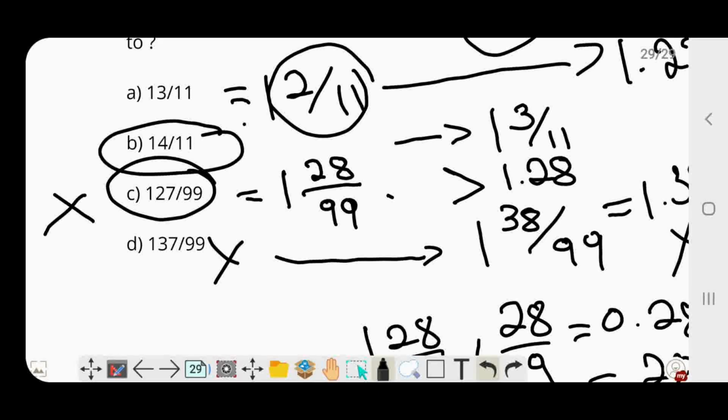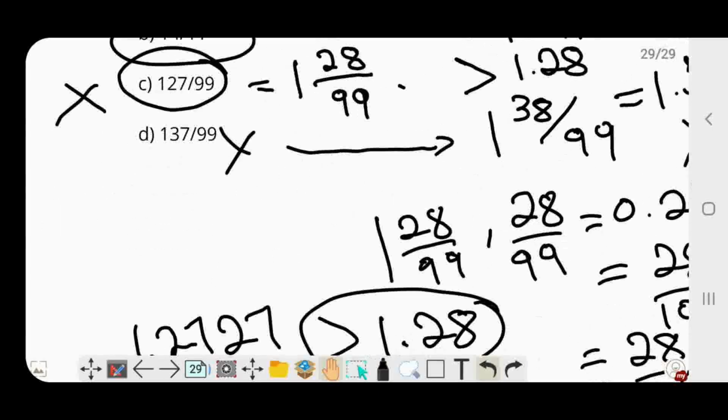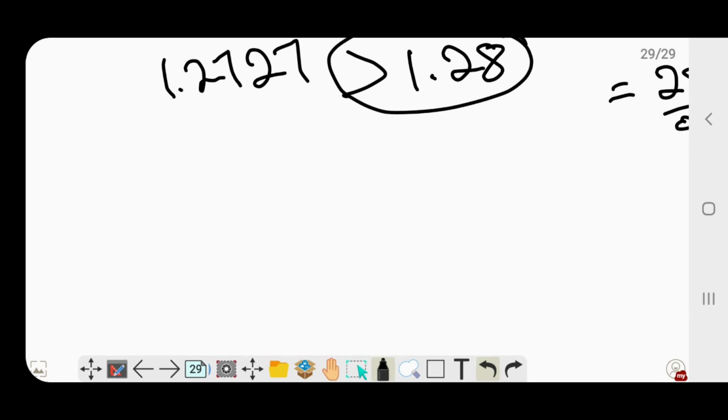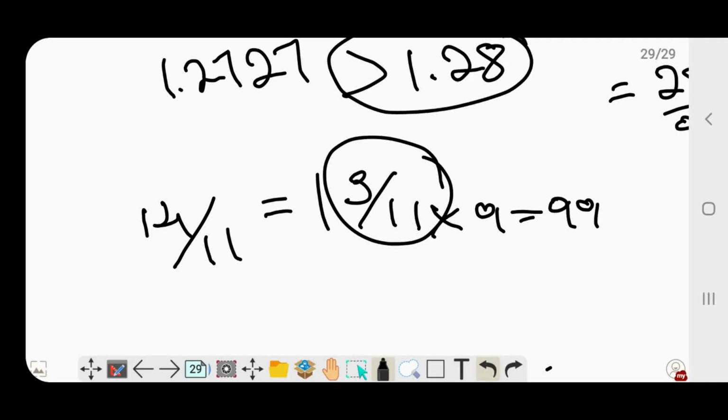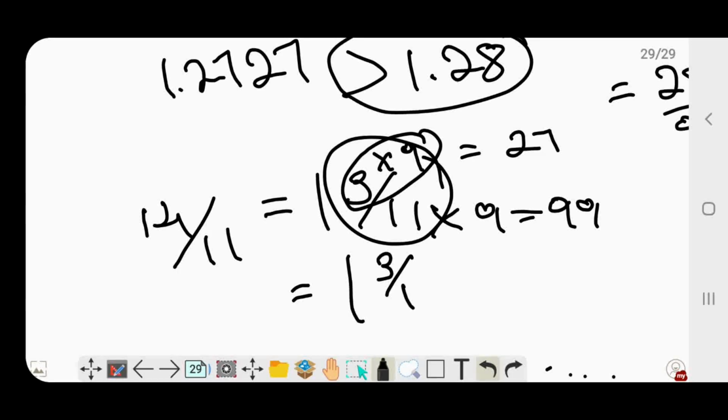You can verify that. So we'll try to simplify it. 14 by 11 is 1 3 by 11. So what is 3 by 11? To reach 100 from 11, if I multiply by 9, I'll reach 99, which is somewhat close, right? So if I multiply by 9 over here too, that is 3 into 9, then I get 27. So 1 3 by 11 is nothing but 127 by 99.